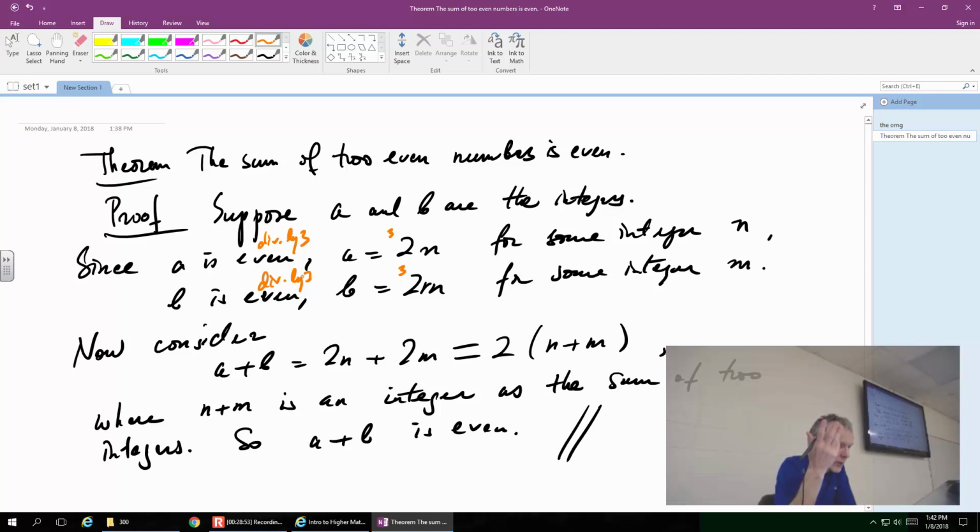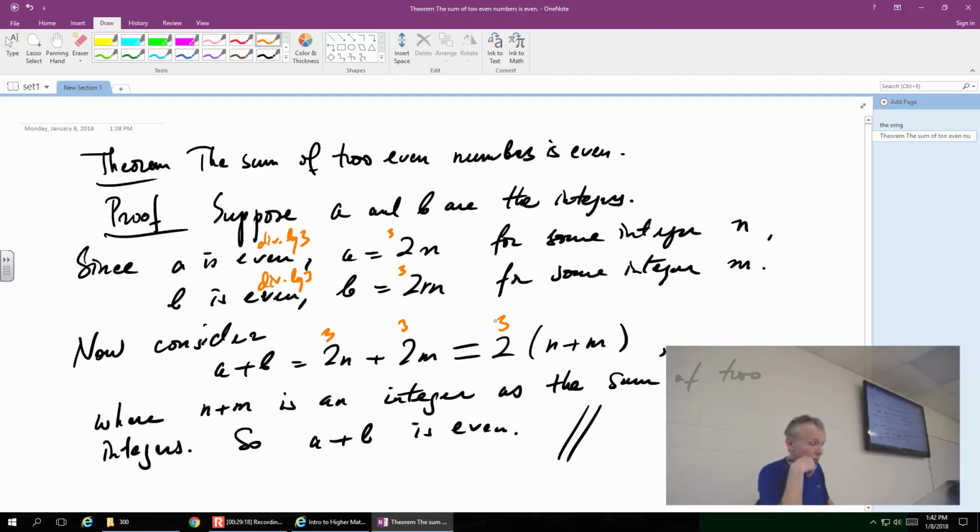Well, let's go over it. So we have two numbers divisible by 3, A and B, which means that they simply have a factor of 3 instead of 2. I replace each 2 with 3. And n and m are still integers, and then I proceed to that line over here, 3n and 3m, and then what do I do? I factor 3 out of it.